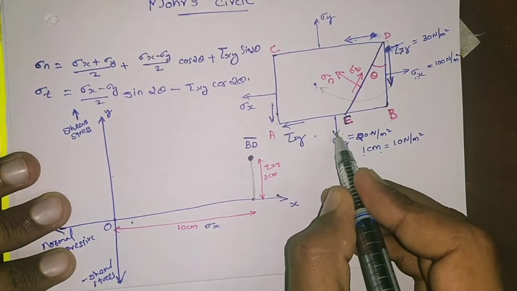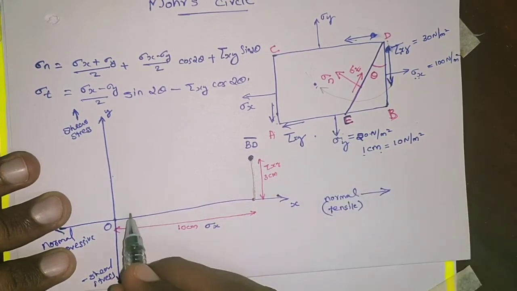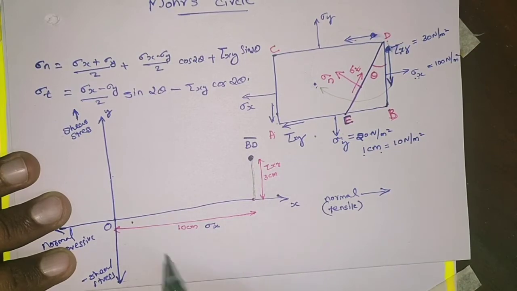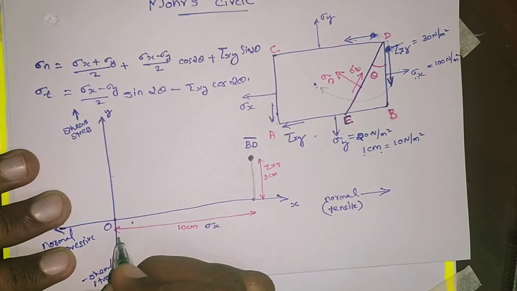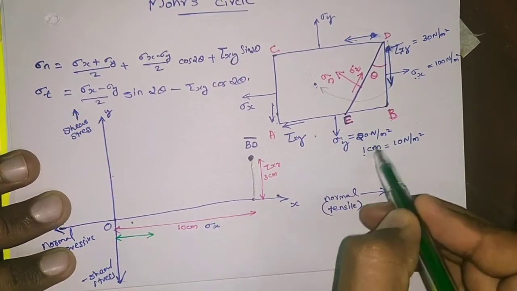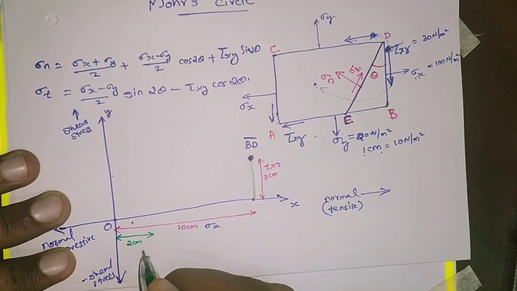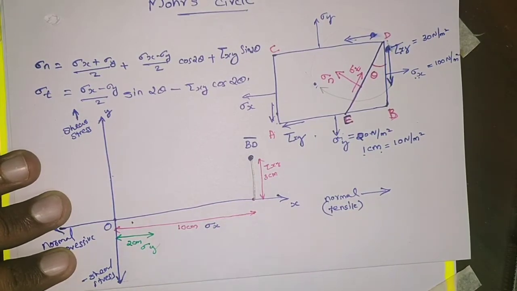And this is a tensile one, so in the positive x direction we should mark sigma y. That is equal to 2 centimeter. That is the sigma y. Okay, we got this point.